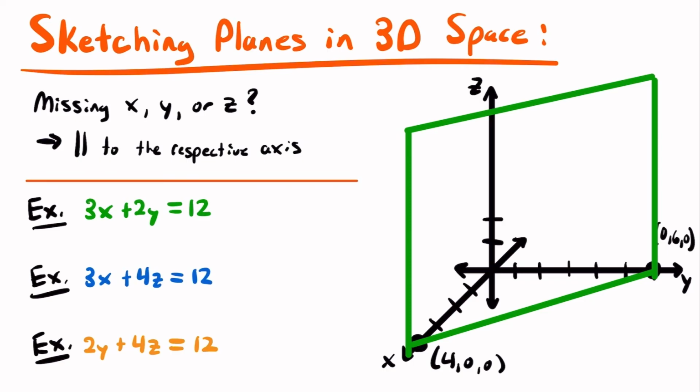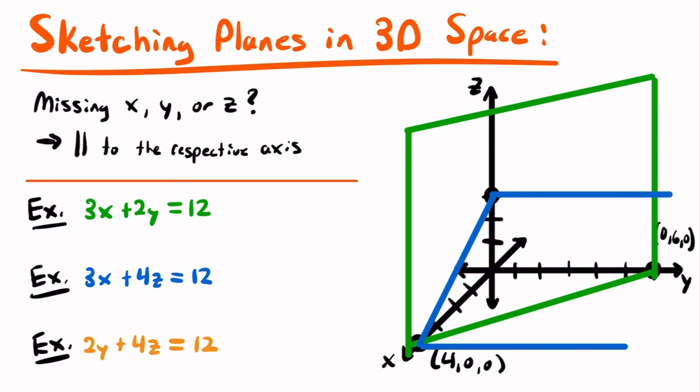So we're looking at 1, 2, 3 right here. This point is the z-intercept. And so for this plane, we're going to connect these 2 points. That will look something like this. And then we want to extend that plane by drawing lines parallel to the axis that the plane is parallel to, right? So in this case, we are parallel to the y-axis. So I'll draw some lines parallel to that and then connect them, and we have our plane.